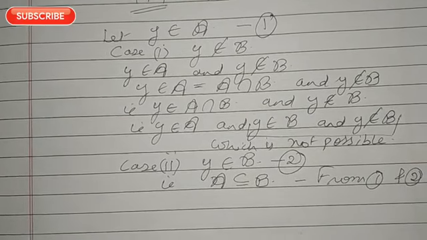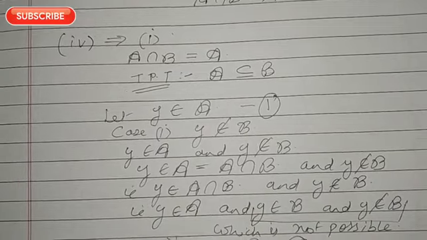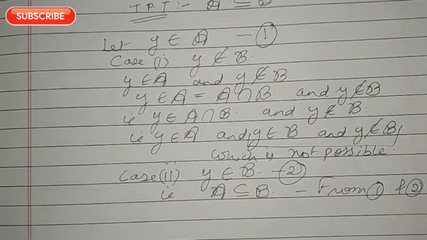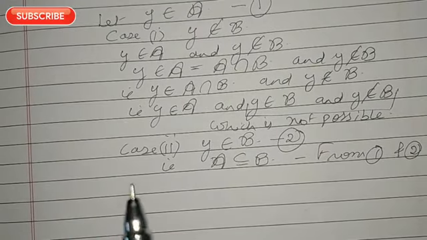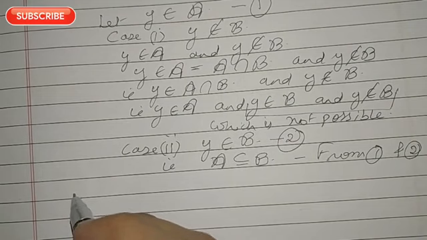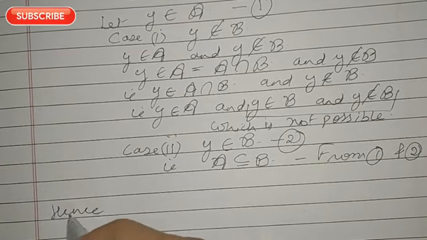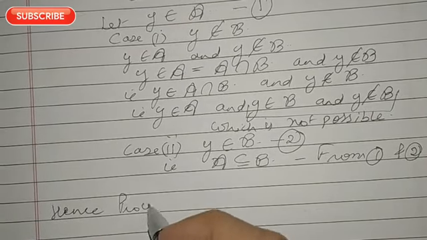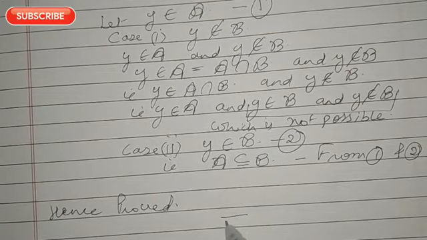We have proved all the implications that we wanted to prove: 1 implies 2, 2 implies 3, 3 implies 4 and 4 implies 1. Hence proved.